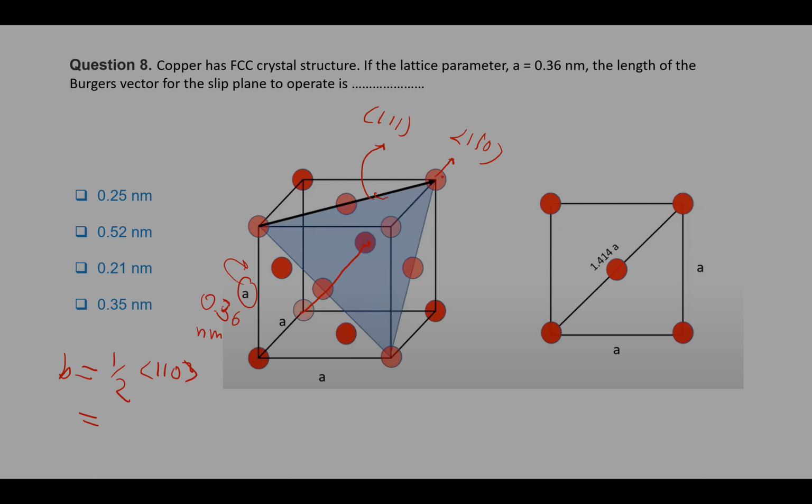So we know for 1, 1, 0, what will it be? For FCC, 4R is equal to root 2 a, and that will be 2R, it means a by root 2.